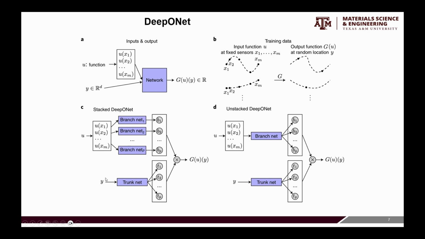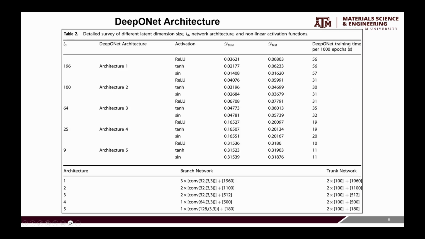You have your branch net and your trunk net, and together they create an operator that can predict for a different time and a different set of microstructures. You can see that put here. Now the DeepONet architecture changes with the loss function and for how many latent dimensions you have.